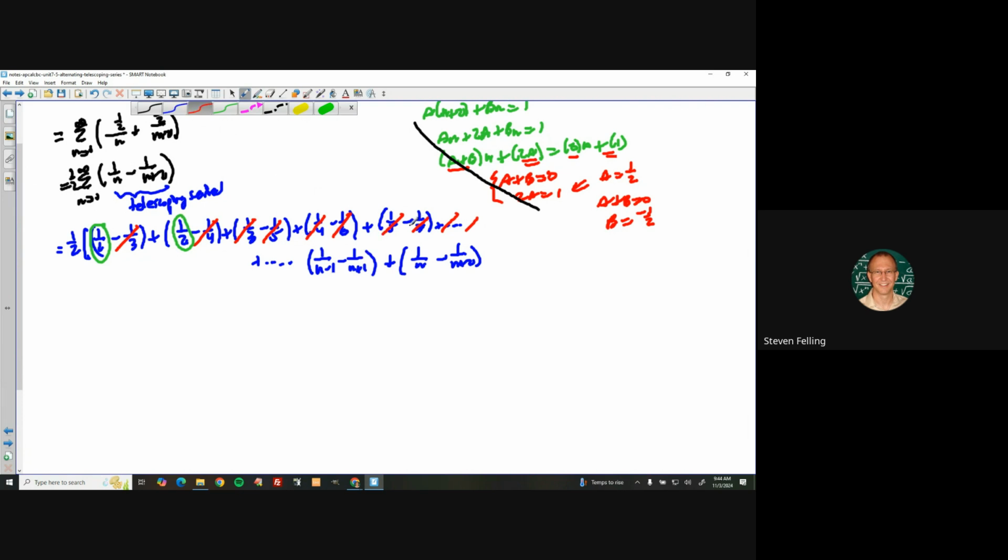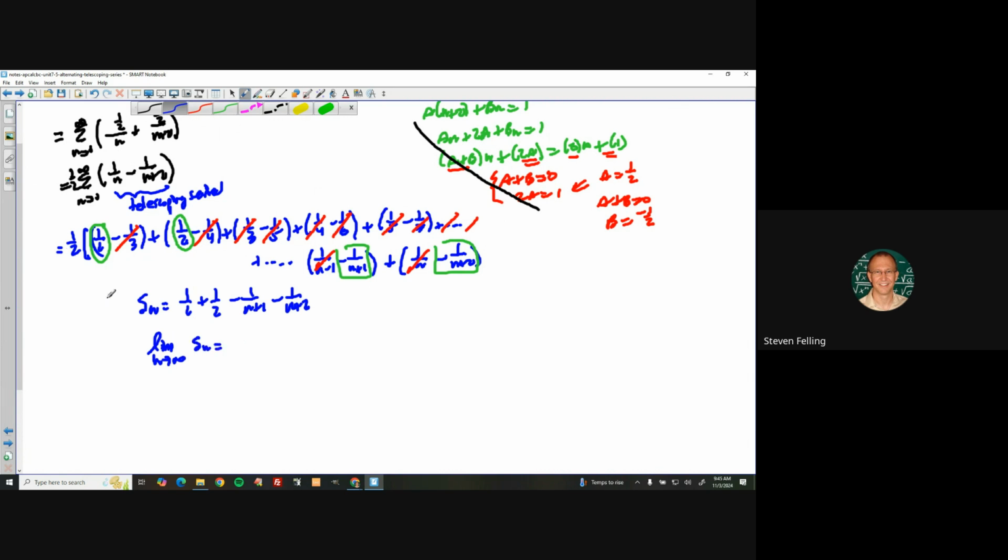So these are the last 2 terms. What's going to happen is this is going to end up canceling something earlier, and this is going to end up canceling something earlier, and I'm going to have just those 2 terms left. So I'll have 2 terms at the beginning, 2 terms at the end. And that means that the rule for the nth partial sum is 1 over 1 plus 1/2 minus 1 over n plus 1 minus 1 over n plus 2. Remember we said that if you can come up with the rule for the nth partial sum, then you can just see what happens as you take the limit as n approaches infinity of that rule, right?